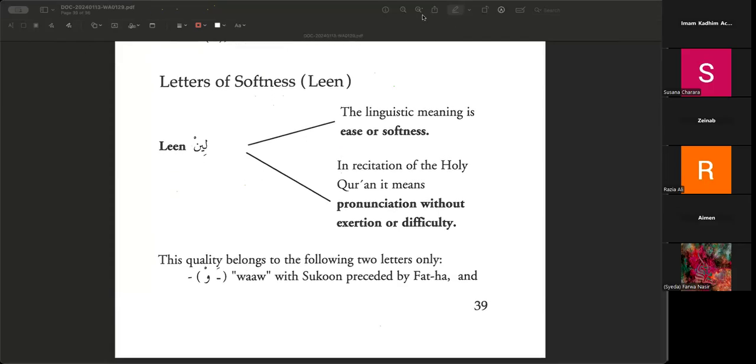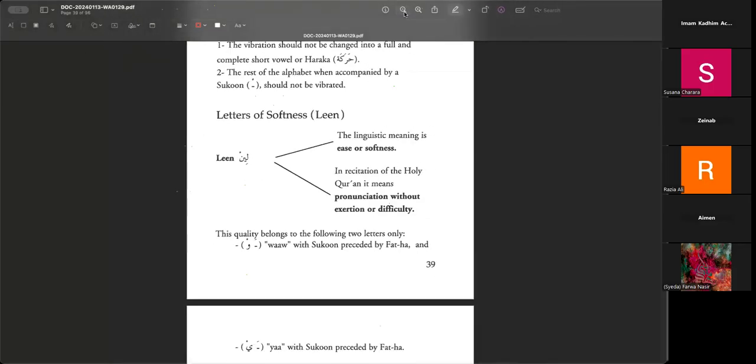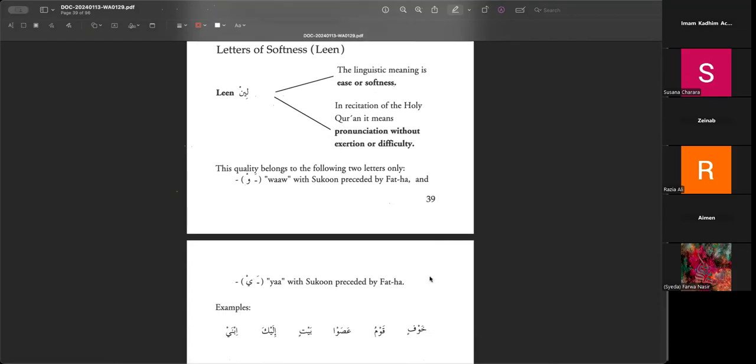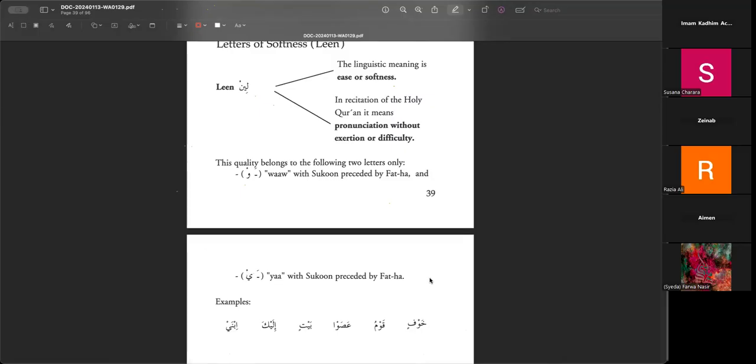And let's move on to lean. The linguistic meaning of lean is ease or softness. In Tajweed, it means pronunciation without exertion or difficulty. And this quality belongs only to two letters, waw and ya, but only when waw and ya have a sukun and they are preceded by a fatha.